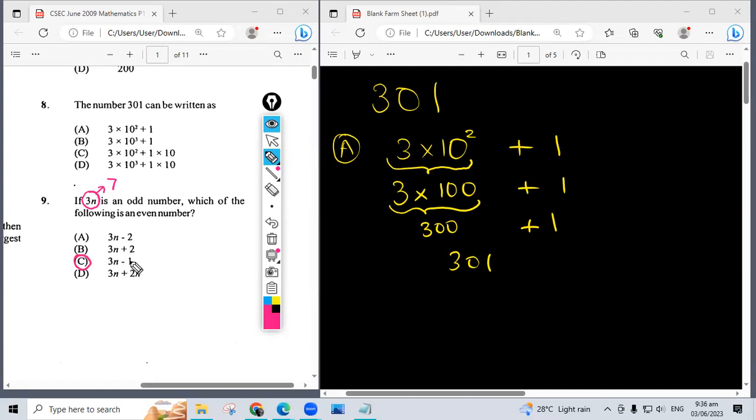Because 7 minus 1 is 6, and we all know 6 is an even number. So the answer would be C. Right? So question 9 is all about pretend. You pretend 3n is any odd number in the world, and then you substitute it in all the different answers and see which one simply gives you an even number. Right? So nothing too difficult here.